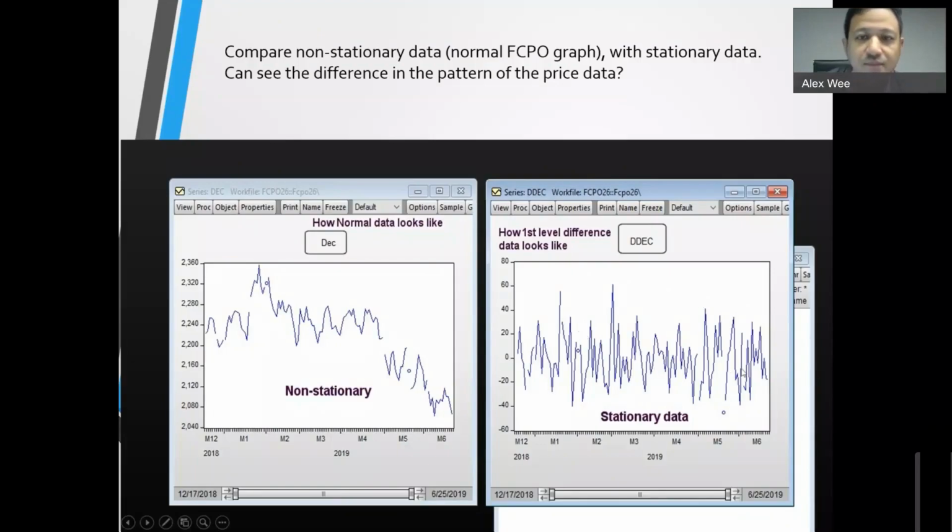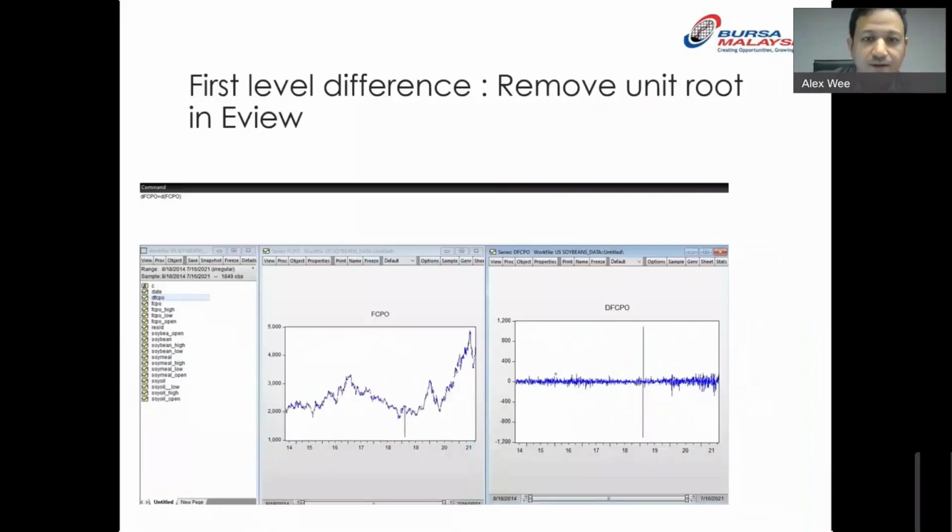If your data still looks like the left-hand side, you know that you have not successfully made your data stationary, or you have not successfully removed your unit roots. So first level difference removes the unit root in EViews. Left hand side is FCPO, right hand side is after removing the unit root, it becomes something like this. This type of data is suitable for quantitative modeling.